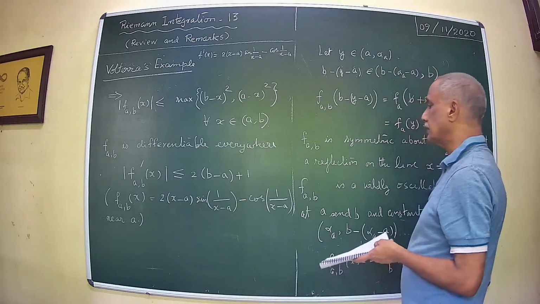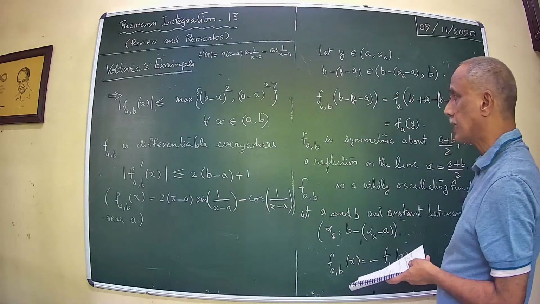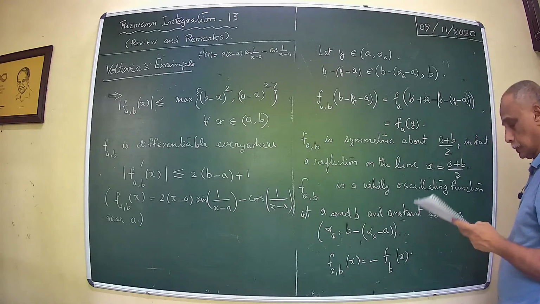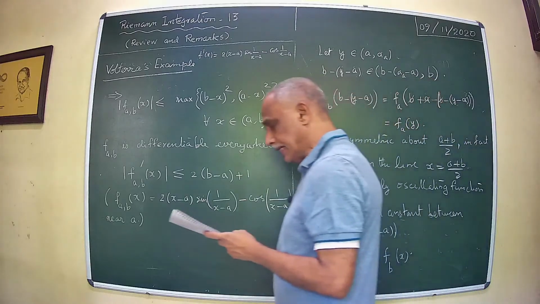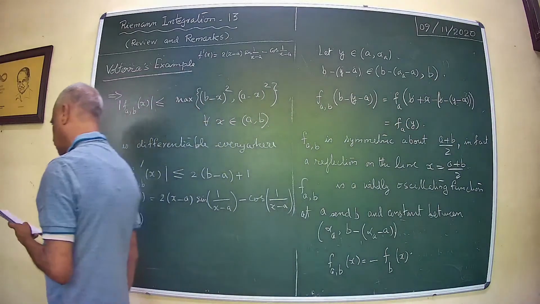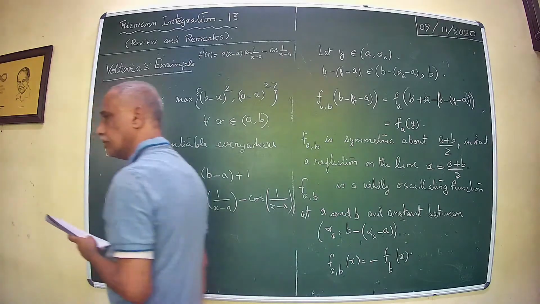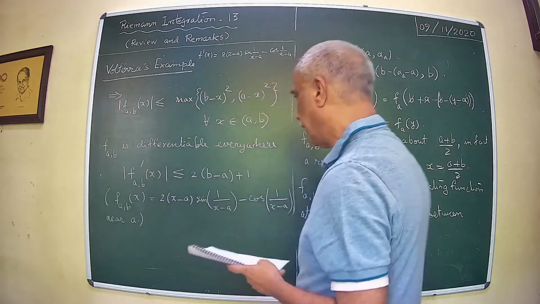So at n pi, okay, so that is actually a plus x minus a equal to 1 upon n pi. So x is equal to a plus 1 by n pi.